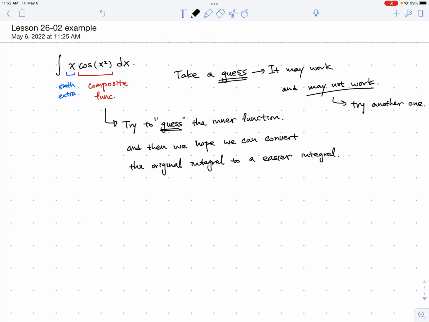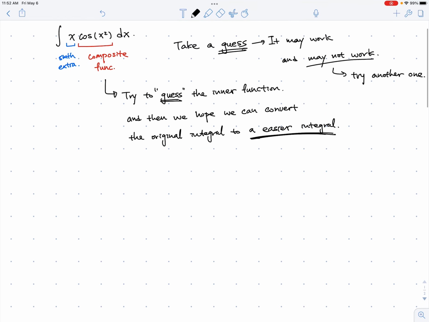When I say it may work or it may not work, it depends on whether you would in the end get an easier integral that you know how to integrate. If you end up getting something more complicated, then it does not work.